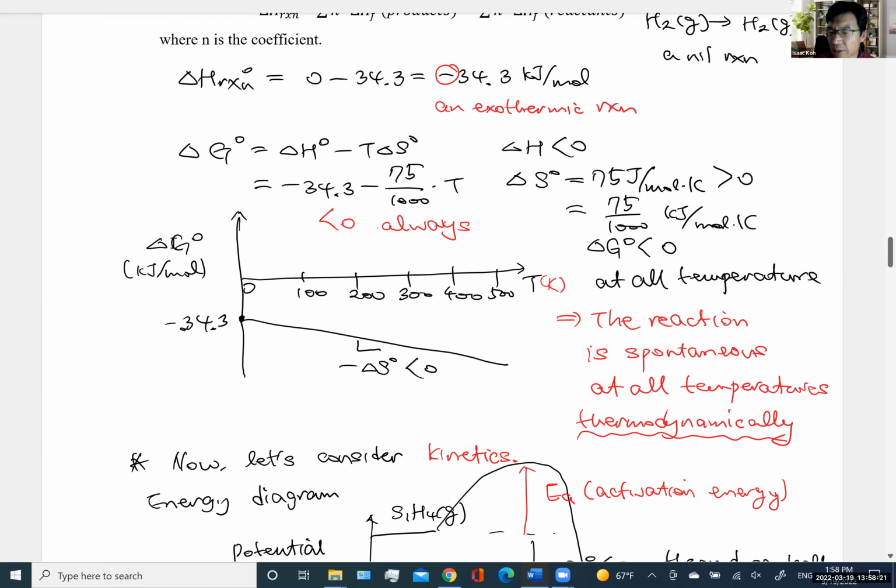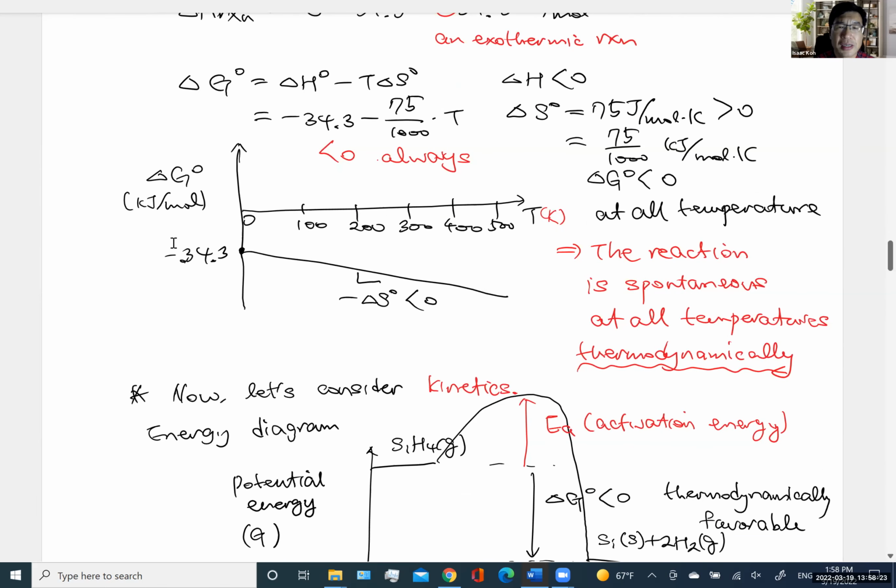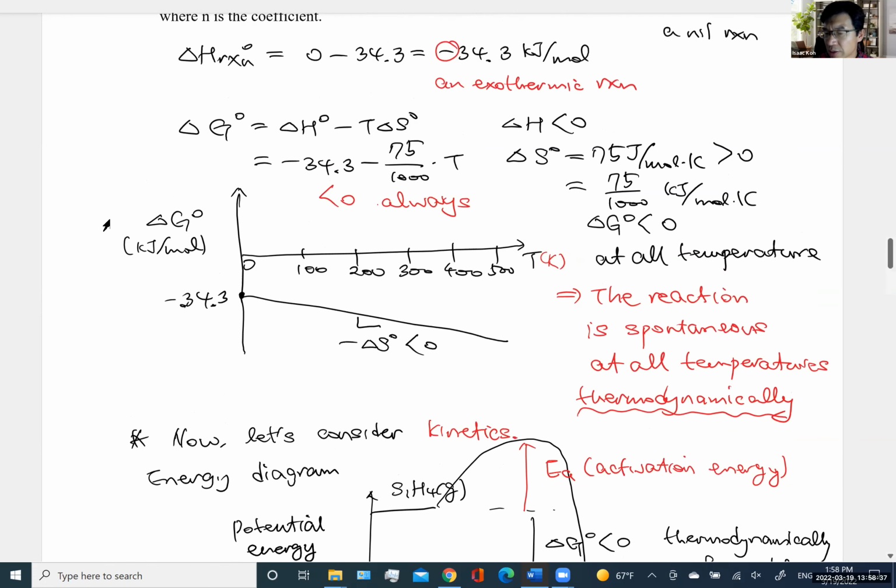Now, in order to tell if the reaction is favorable or not, we need to look at Gibbs free energy. Gibbs free energy is defined as delta H minus T delta S. Here, the delta H value we found is negative 34.3 kilojoules per mole.